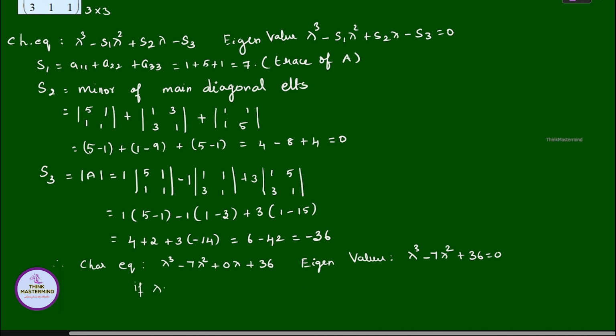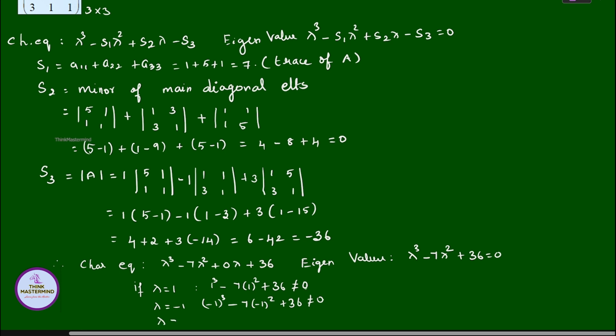If lambda is equal to 1, 1 cube minus 7 into 1 square plus 36 is not equal to 0. Therefore, lambda equal to 1 is not a root. If lambda is equal to minus 1, minus 1 the whole cube minus 7 times minus 1 whole squared plus 36 is not equal to 0.